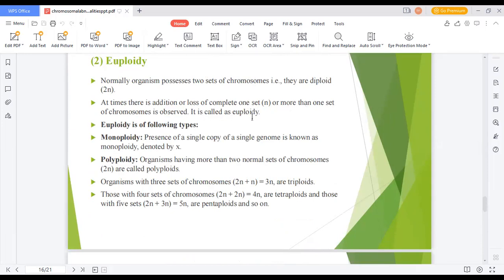It is called as euploidy. If in the diploid set, 1 set is completely removed, definitely it containing only 1 set, that is monoploid. Mostly gametes are receiving only 1 set of chromosomes. So every gamete having only 1 set of chromosomes, that shows monoploidy.